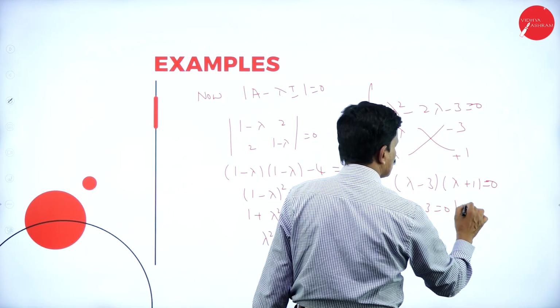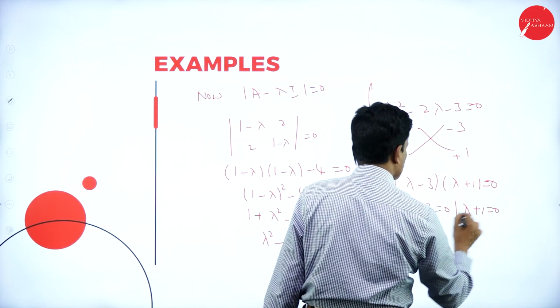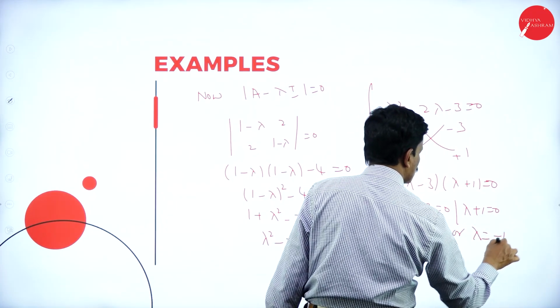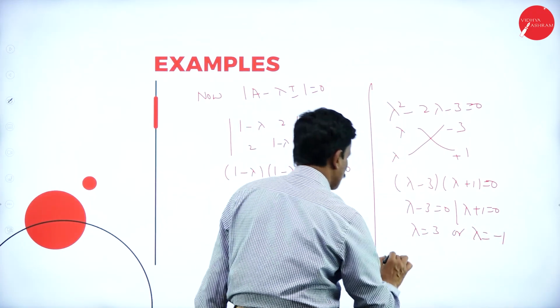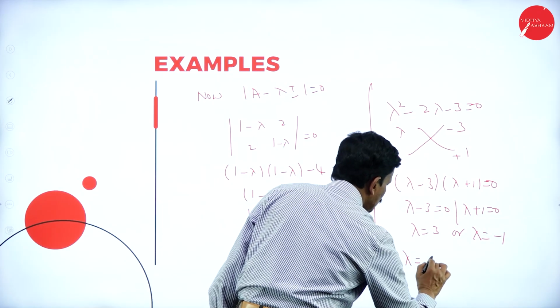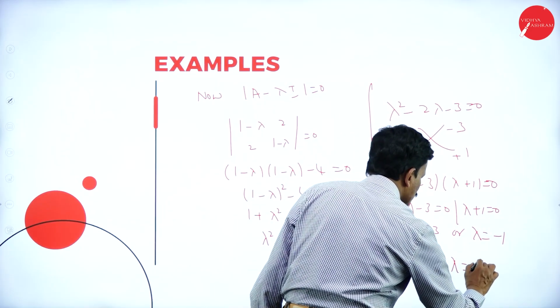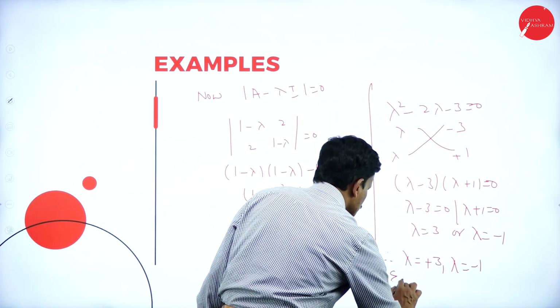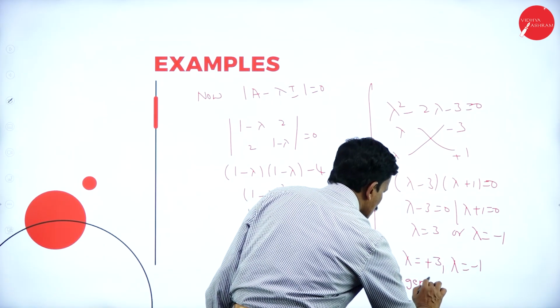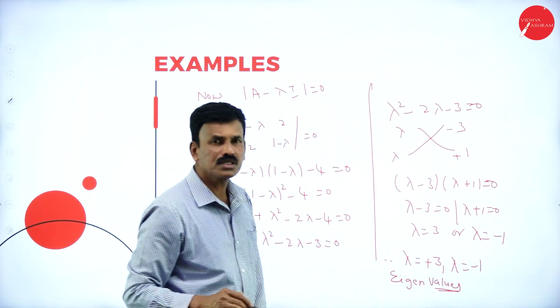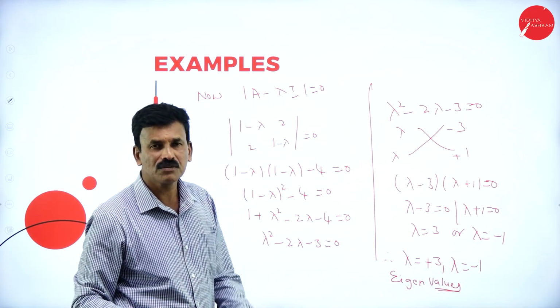Lambda minus 3 is equal to 0 or lambda plus 1 is equal to 0, so lambda is equal to 3 or lambda is equal to minus 1. Therefore, lambda is equal to 3 and lambda is equal to minus 1 are the characteristic roots, also called eigenvalues, for the given matrix.